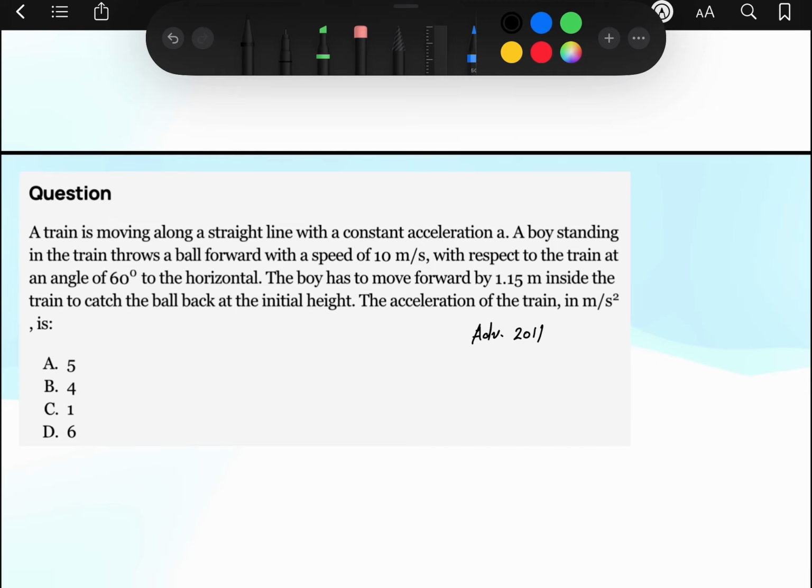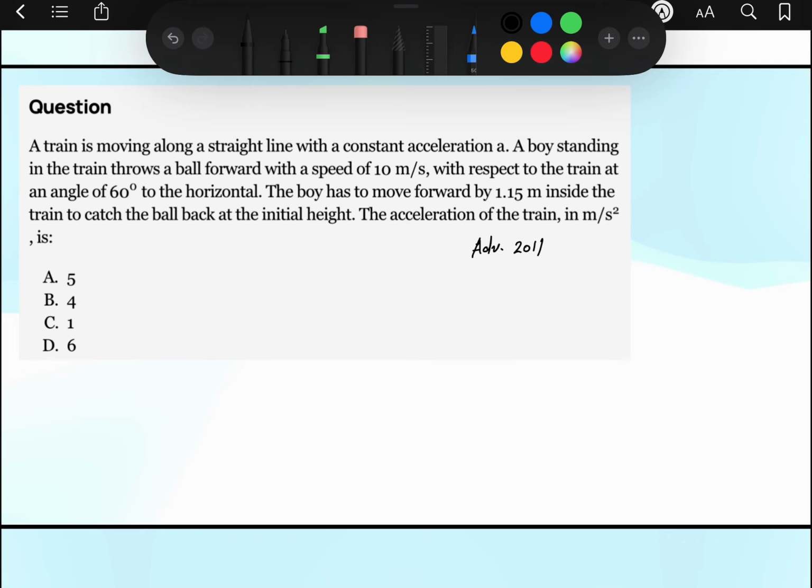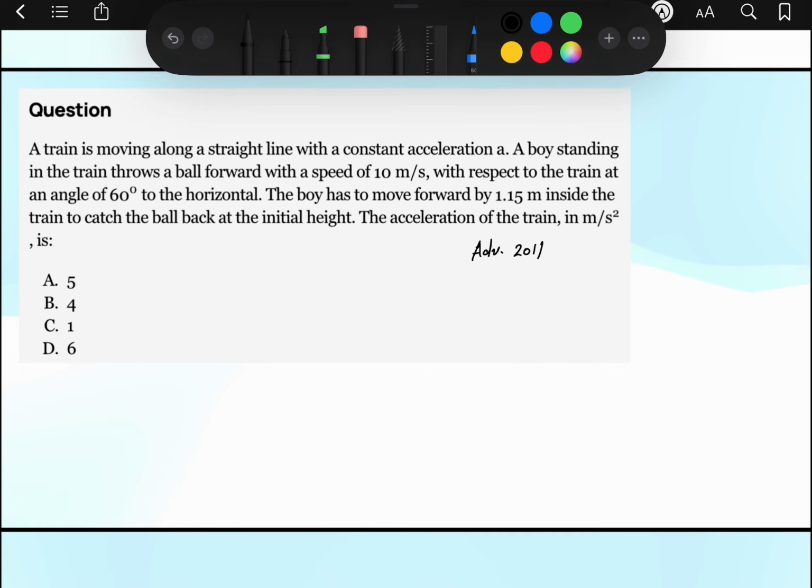Okay, so guys, here is the train. Let us suppose this is our train, and this train is moving in the forward direction with an acceleration a.